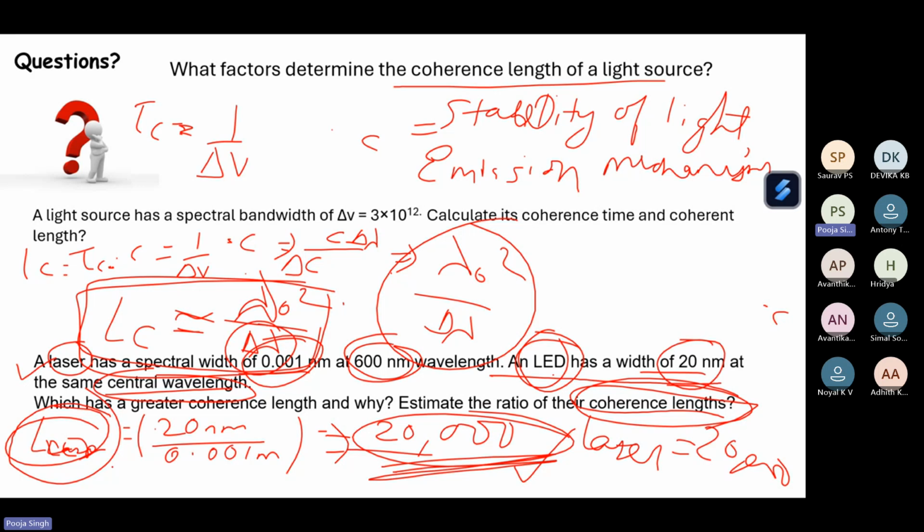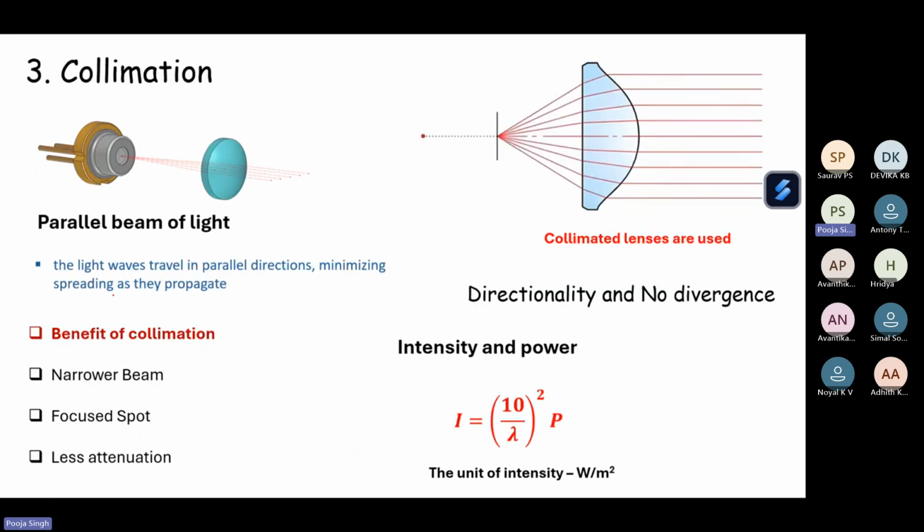Okay. So next, if we are seeing is the collimation. This will be very small. Collimation means you will have the parallel beams of the light. Here you can see that all the waves are emitting parallelly with each other. That means it has infinite coherent length.